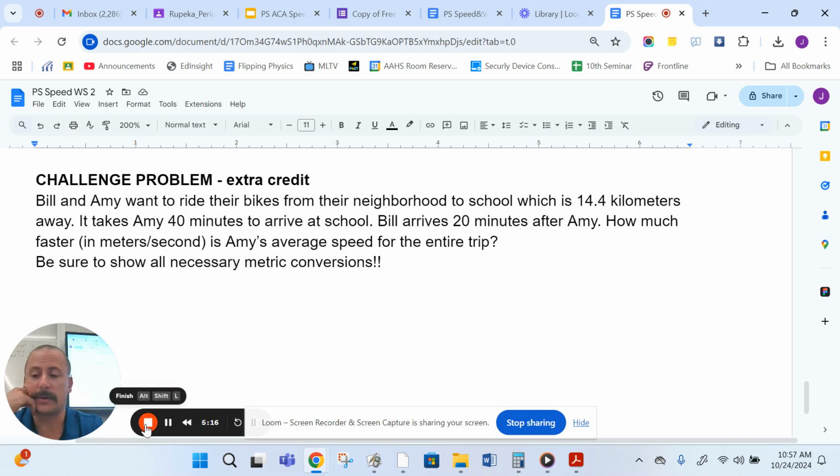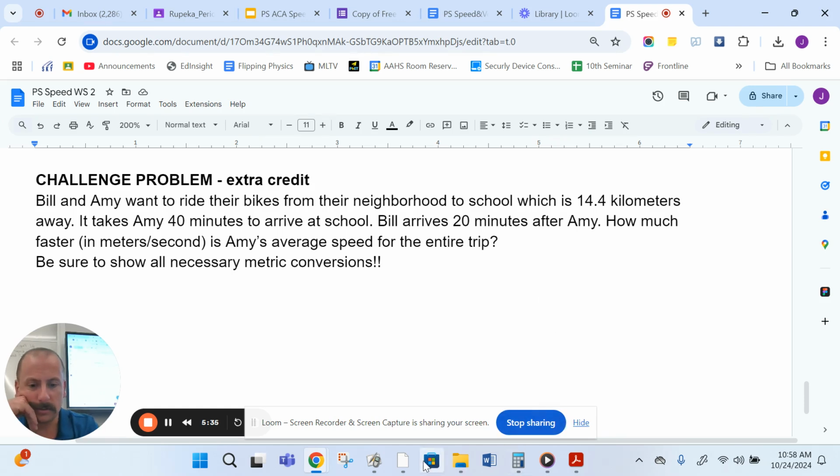And that's it for solving for S, distance divided by time. If I'm solving for time, it's distance divided by speed. If I'm solving for distance, I am taking the speed and multiplying by the time.